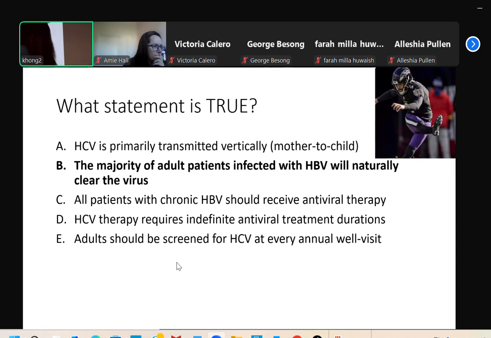Hep B is one that has a primary transmission of mother to baby, as well as bloodborne. B, do all patients, so obviously no, because this is not true.